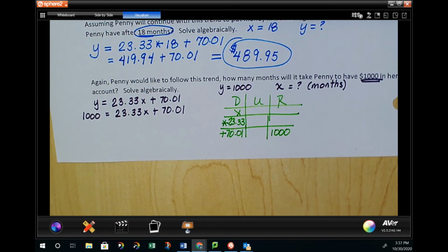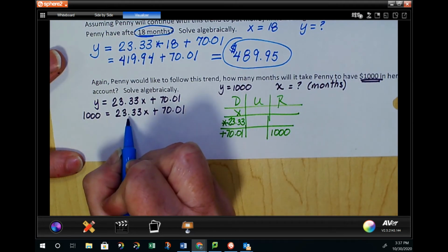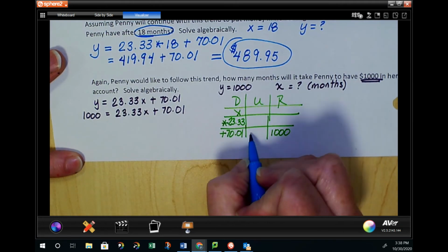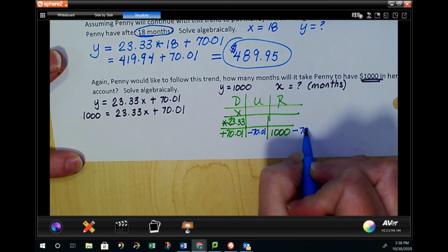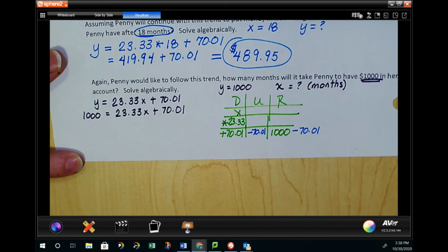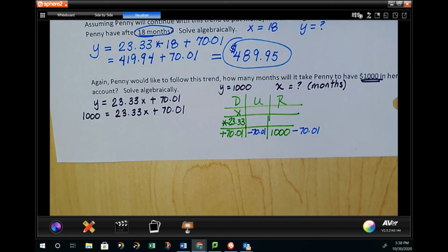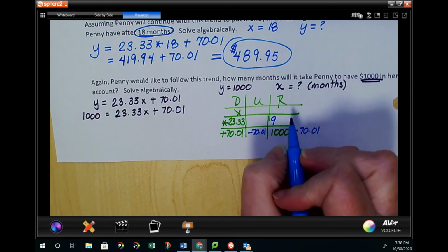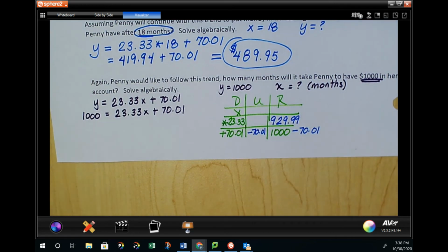In order to undo all this, you have to work from the bottom up. The opposite of adding 70.01 is to subtract 70.01. So 1,000 minus 70.01 gives me $929.99.